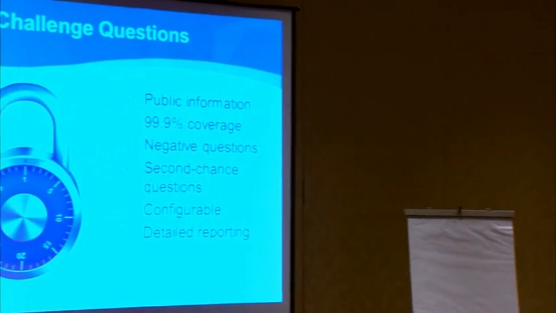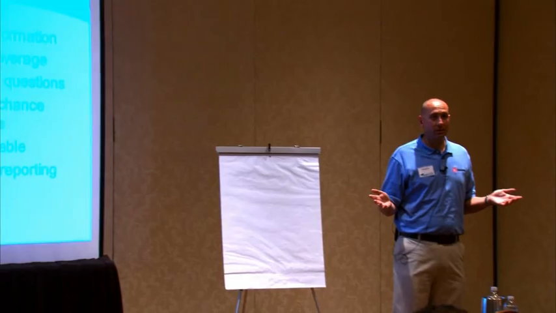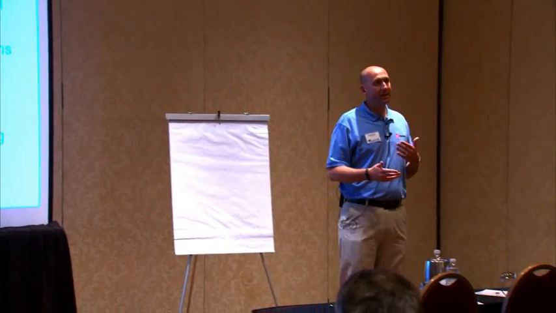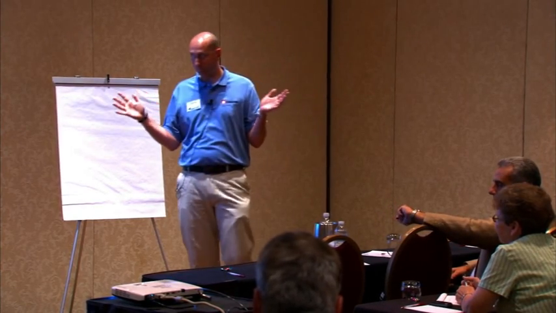They can also offer negative questions, where none of the above is the correct answer. And that's how they get to that 99.9% of individuals we can offer at least a certain number of challenge questions per exam, is that they just mix in those negative questions in there where there's nothing correct. So this is a very strong option because it's not something that is easily faked.